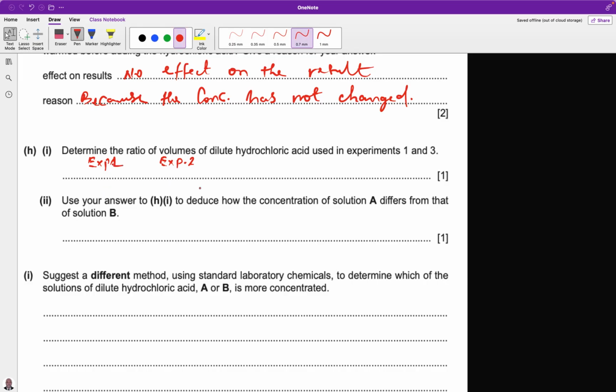Experiment 1 has the volume, what was the volume of experiment 1? The volume here was 13.2.